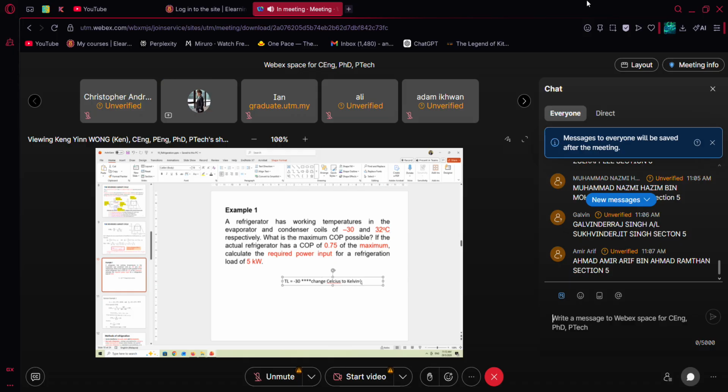Very important, I highlight it. Make sure you follow. Change the Celsius unit to Kelvin. Why? Because later on when you calculate the COP, it must use Kelvin. Then your TH equals 32, same. You have to change it to Kelvin as well.